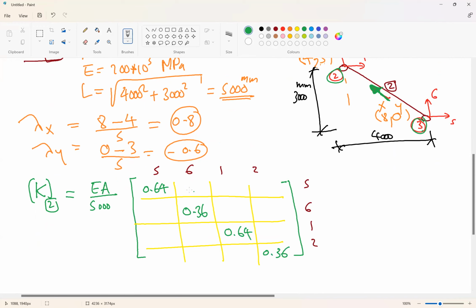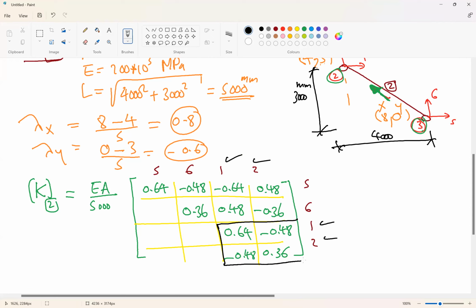Here we have negative 0.48, negative 0.64, 0.48, 0.48, negative 0.36. Here is negative 0.48. Here is negative 0.48. The main part for us in this is 1, 2, 1, 2. So it will be this quarter, because this is the related part to the unknowns.